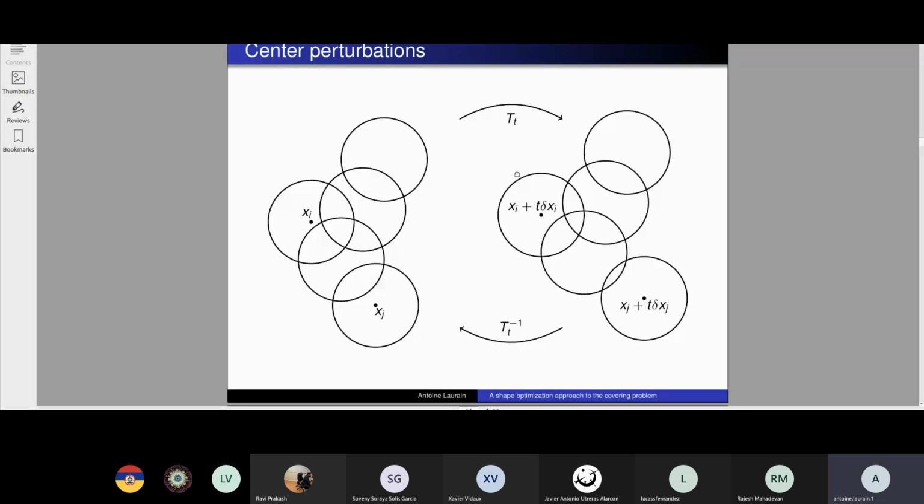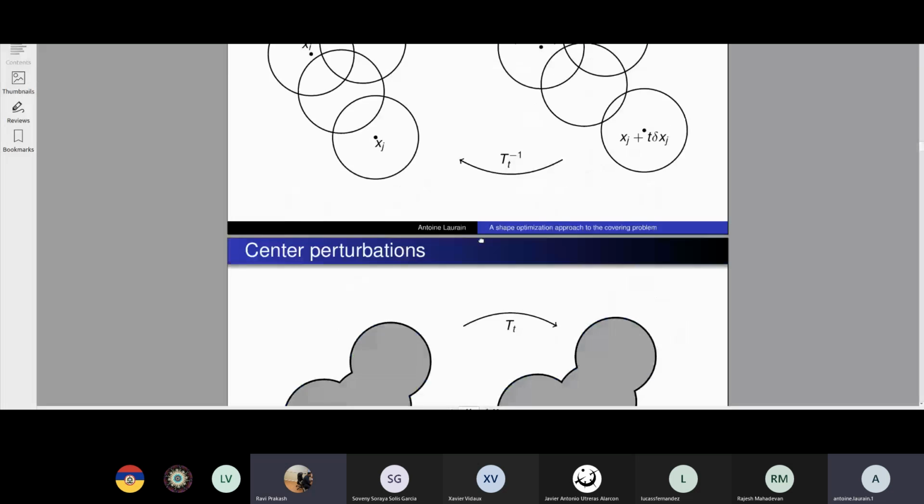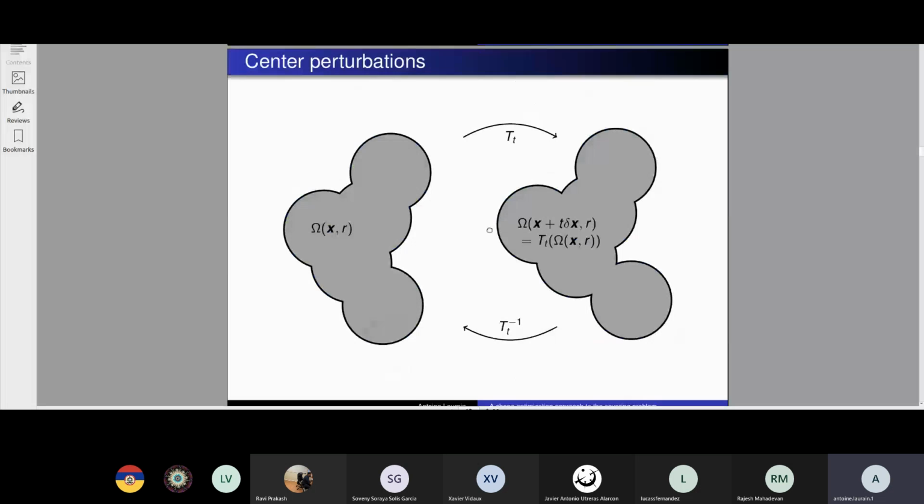So in this work, we are building this capital T sort of explicitly. I'm going to explain how. So you can see the result for the shape omega. Omega is the union of these balls, so it's this gray region, and you can see the change of the shape of omega globally when you make this perturbation of the balls.